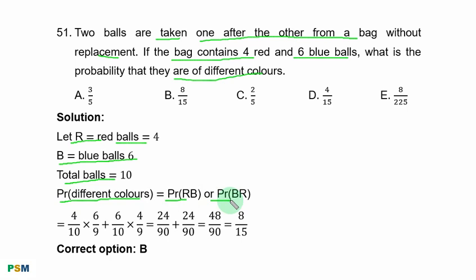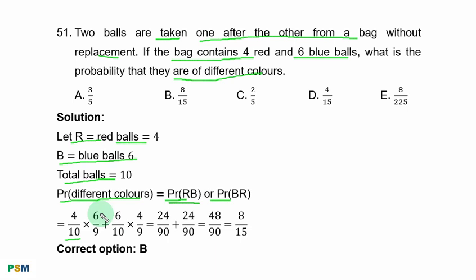In the question, drawing is without replacement. That means the total is affected. When you come here, red balls, they are 4. At that point, the total is 10 times blue balls, they are 6.